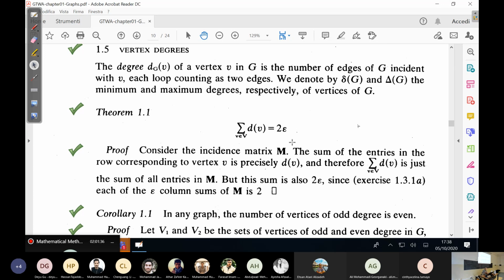Yes, but this just proves one way. If there is a graph with a certain degree sequence, then the sum of all the degrees is even. The difficult part is another one. If you have a finite sequence of non-negative integers with even sum, then there exists a graph with that degree sequence.